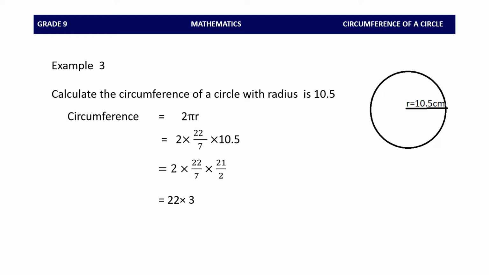Now 2 and 2 are simplified, 21 is simplified by 7, and we get 22 multiplied by 3. The answer is 66 centimeters. The circumference of the circle is 66 centimeters.